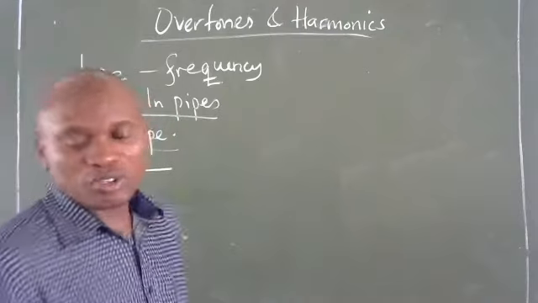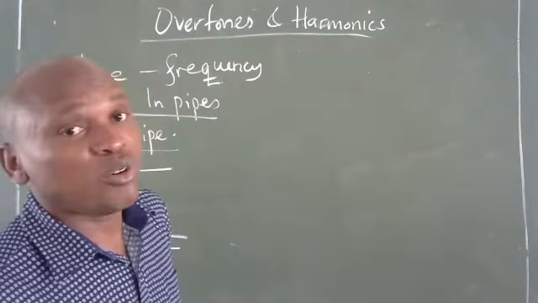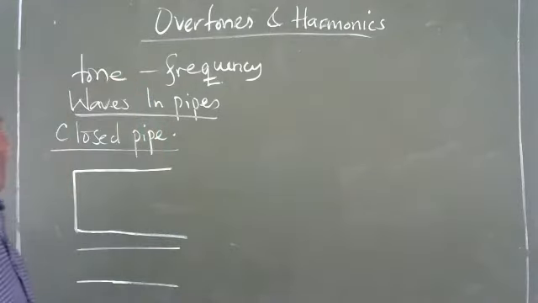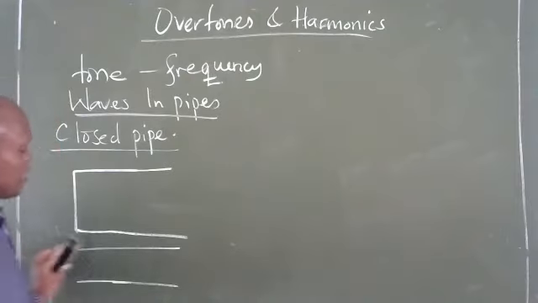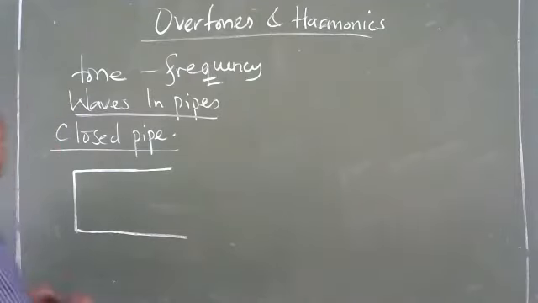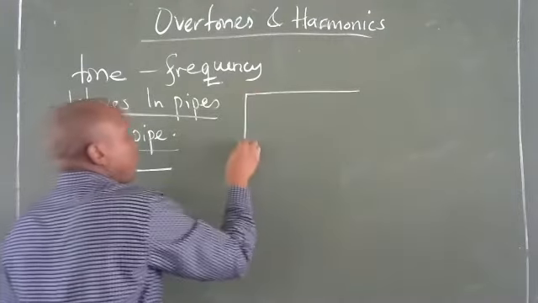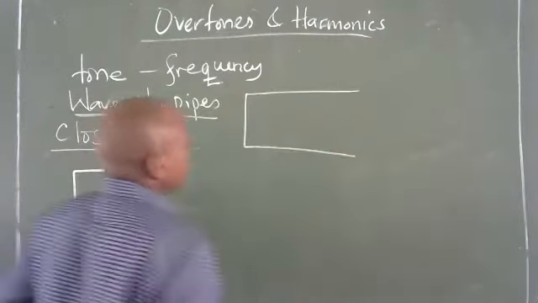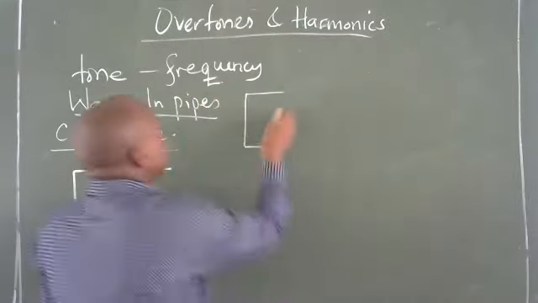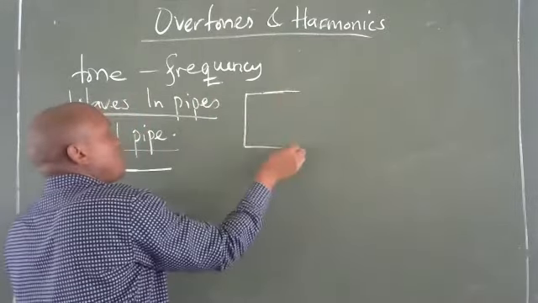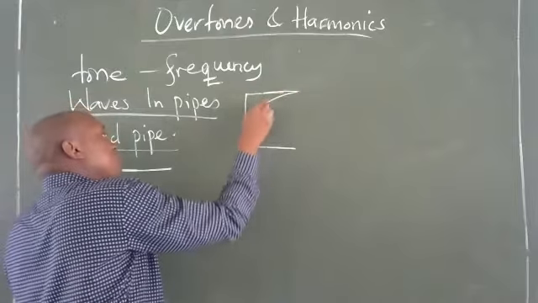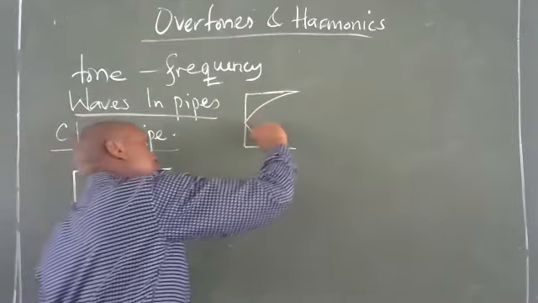Now, for us here, we are going to discuss one by one. To bring in the word overtone, overtone is something very simple. If you pay attention, you just understand it at once. Now, when I have this, if my pipe is a little short, I will have a wave like this. These waves come from both sides.